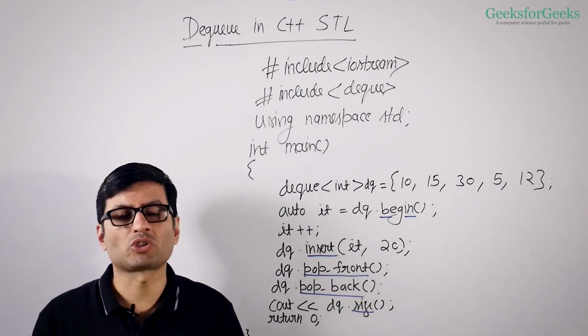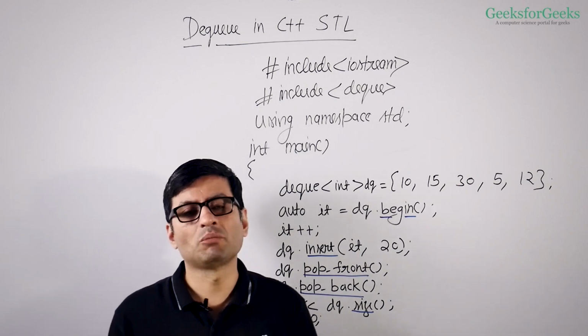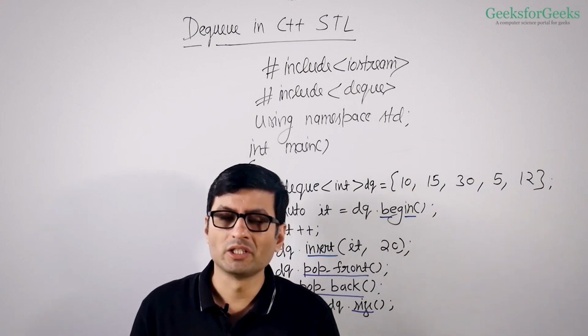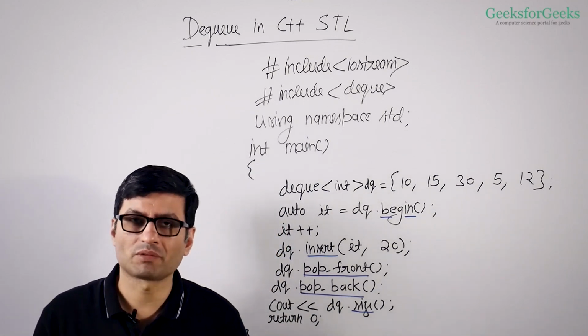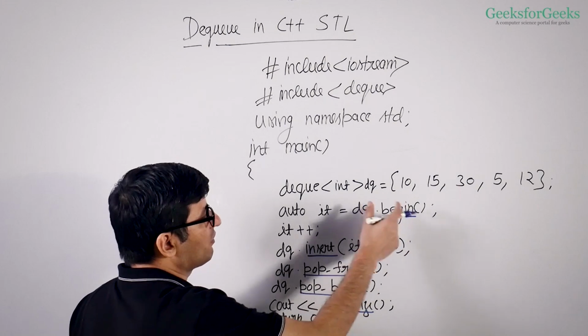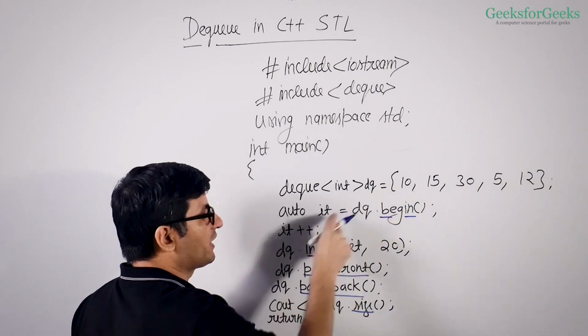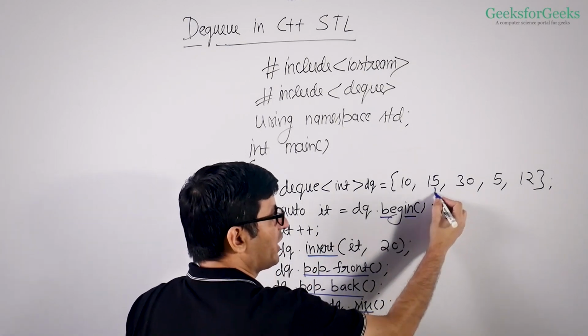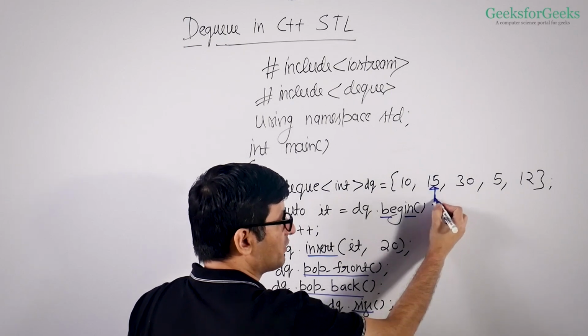In general, when you are solving problems in STL, most of the time you do not need iterators other than begin and end. These two functions most of the time work for us. So we have got an iterator, which is an address of the first element. Then we did iterator plus plus. So we got our iterator having the address of this element 15.